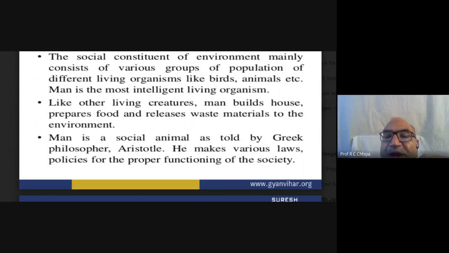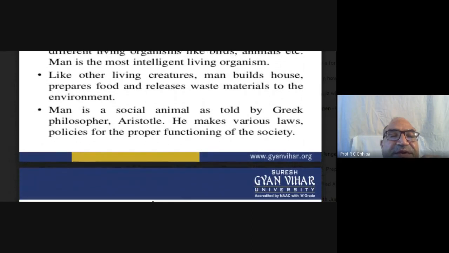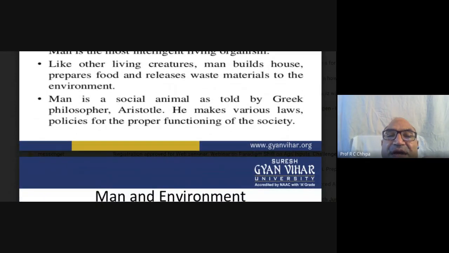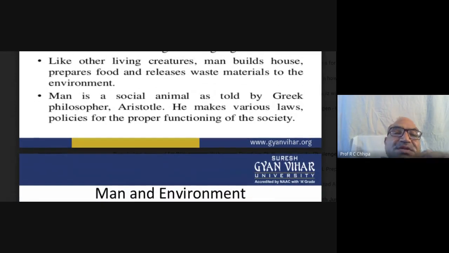Like other living creatures, man builds houses and prepares food. Different types of foods are prepared.